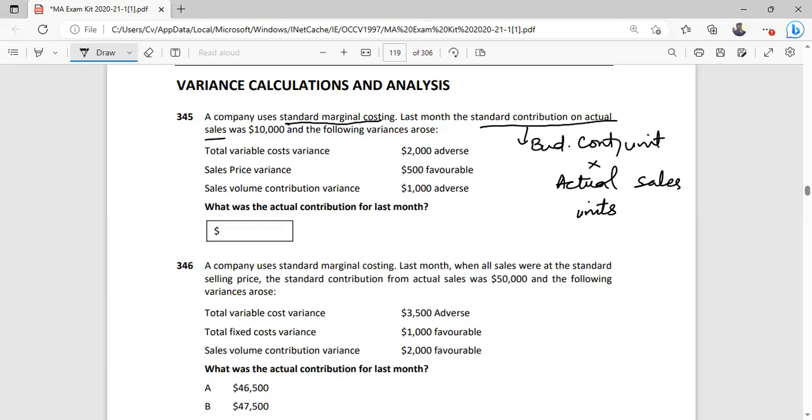Total variable cost variance $2,000, sales price $500, and sales contribution volume variance. What was the actual contribution for the last month? So you will use a formula.